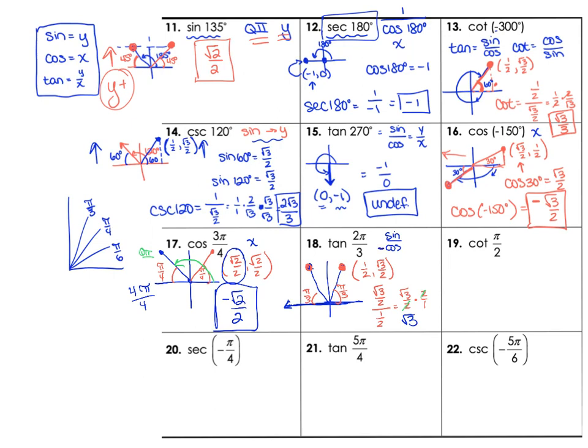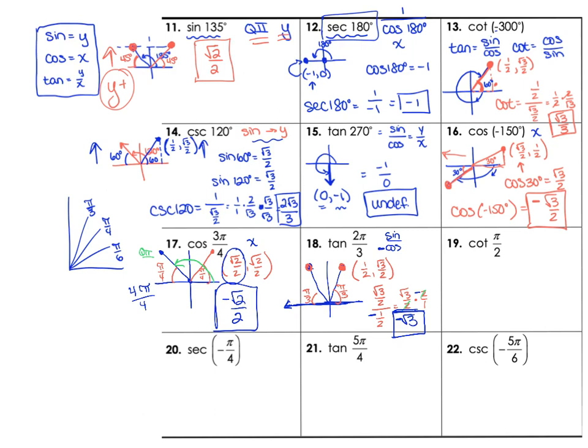My cosine is technically negative, negative 1/2, negative 2 over 1. So if I'm multiplying or dividing by one negative number, positive divided by a negative is actually a negative. So the tangent of 2 pi over 3 is going to be negative the square root of 3. And that's your final answer.